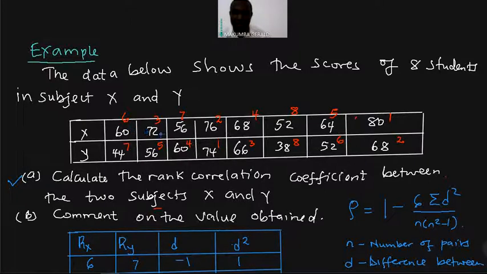We are going to see that there is no repeatable value here for the values which were given in X. The same thing happens, there is no repeatable value for Y. So when there is no repeatable value given, it means that the ranks are going to be the same as the position.